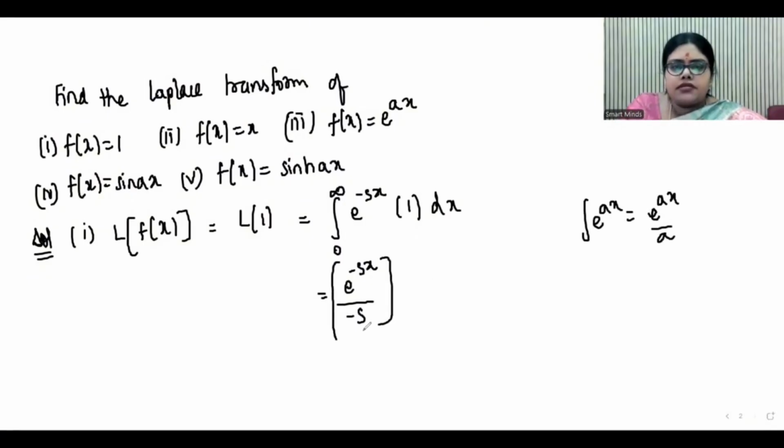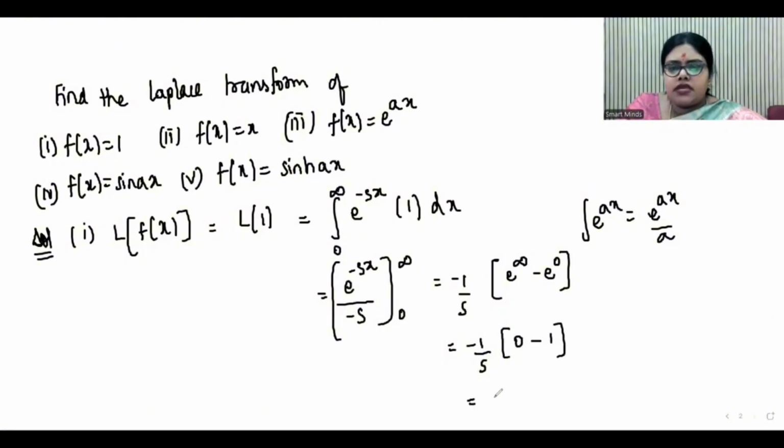From limits 0 to infinity, that is equal to minus 1 by s, which is a constant, into e power infinity minus e power 0. So that is minus 1 by s into 0 minus 1, which is equal to 1 by s, where s is greater than 0.